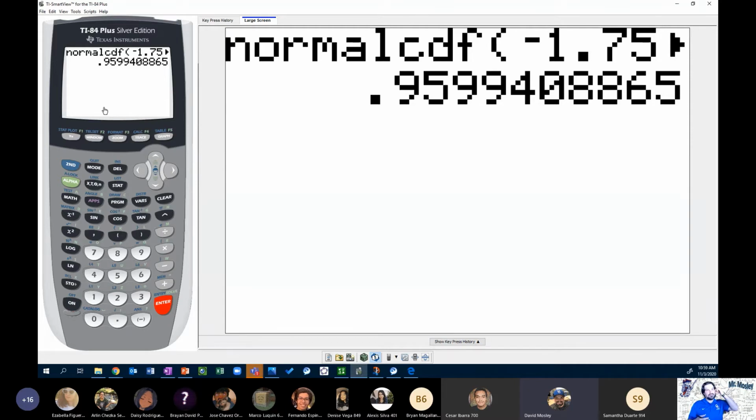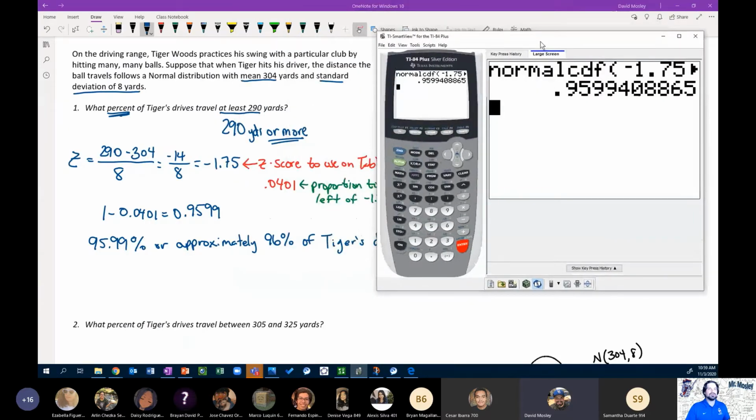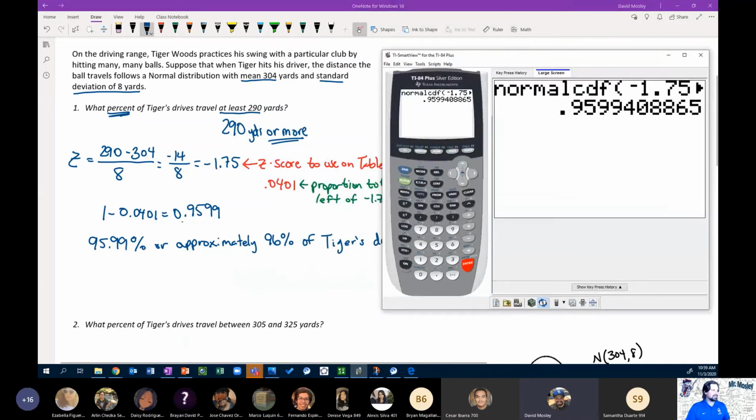Your calculator has essentially more of table A saved into its memory than we have access to on our table A. So we get more decimal places and such. So this is the same thing we got for doing it by hand, but our calculator did it for us, hooray!